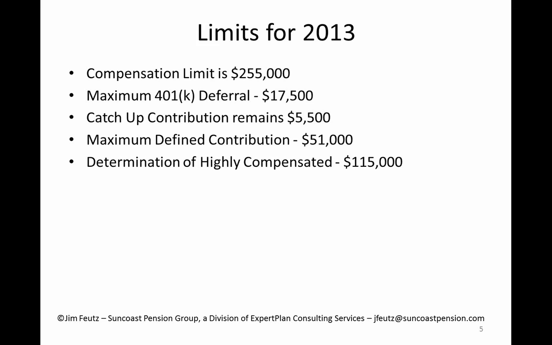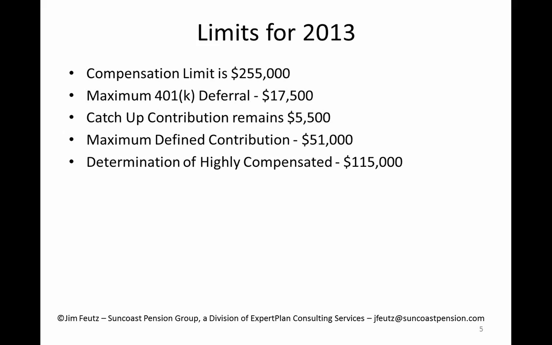So the limit is going to stay the same at $115,000. That means anybody that makes over $115,000 in 2012 will be highly compensated in 2013, and likewise, anybody who makes over $115,000 in 2013 will be highly compensated for 2014.